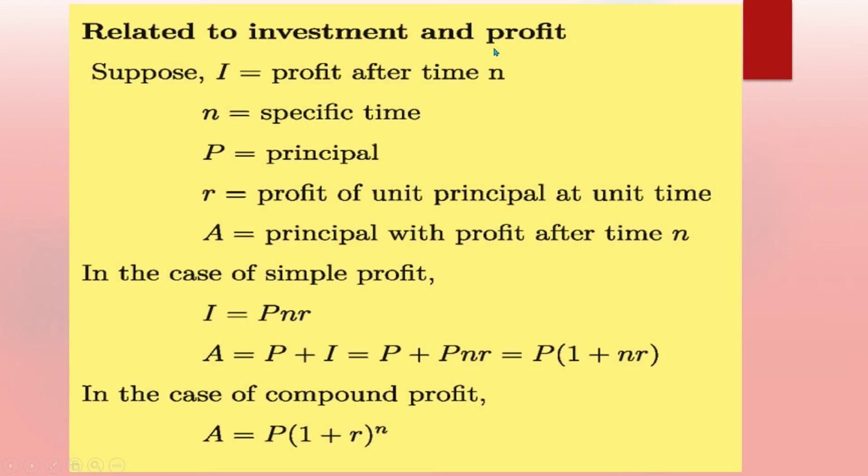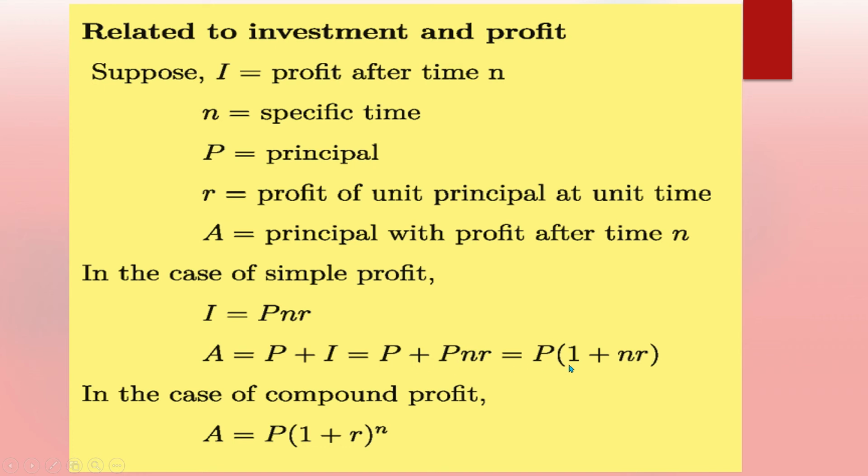Related to investment and profit, suppose I is the profit after time N, P is the principal, R is the rate on unit principal in unit time, and A is the principal with profit after time N. In the case of simple profit, I equals PNR, and A equals P plus I, that means principal plus profit, which equals P plus PNR.